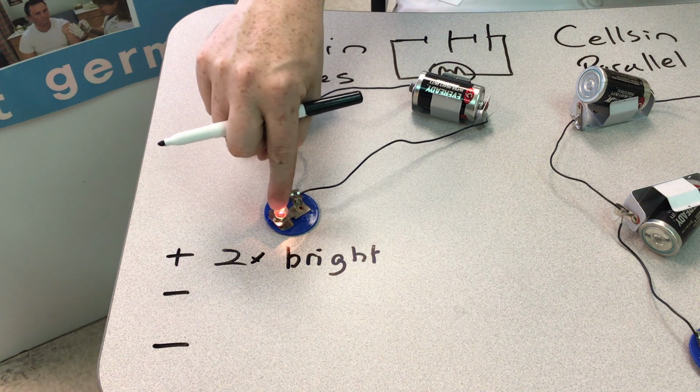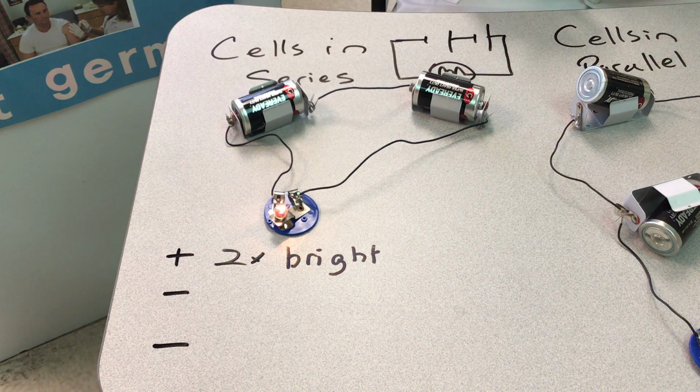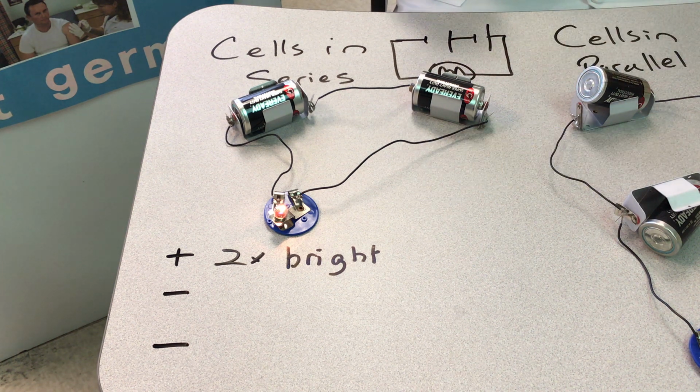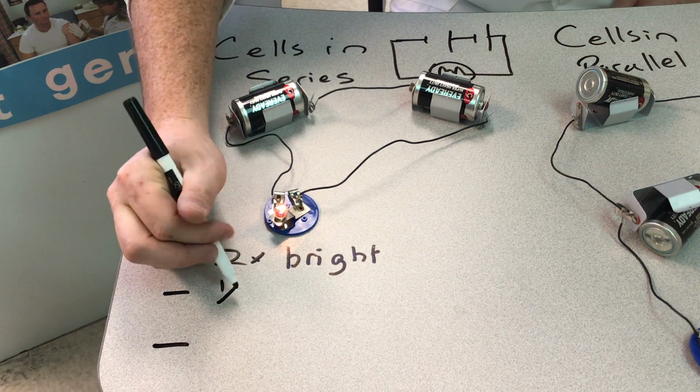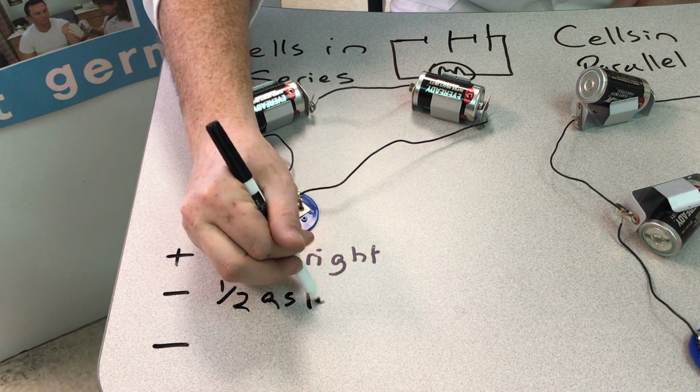I will need to take this light bulb, switch it out, and put another light bulb in to have the same effect on the filament as our standard. So it lasts half as long, or I would need 2 times the number of light bulbs because it's burning up so much quicker. So bulb life would be half as long.